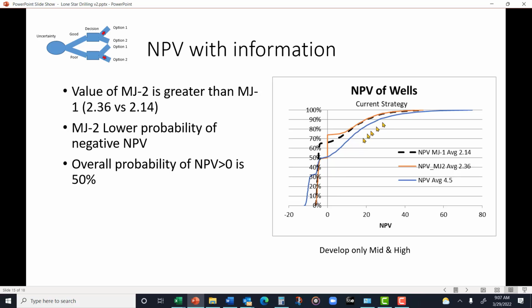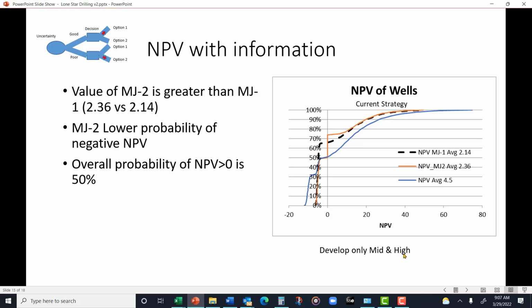So now let's interpret what we're seeing here. The curve that we're interested in learning about is this orange curve. So we can see that we go up here. That's when we don't develop. And by the way, we're going to develop only the mid and the high. In other words, if we see the low IP, we're not going to develop.